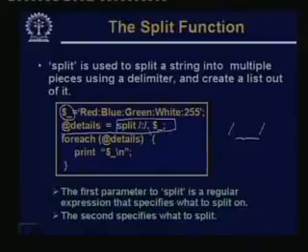Now here you give a comma, and then $_, meaning the string from which you are trying to split. If it is $_ then the second parameter is optional, but here we have explicitly mentioned split, slash, the delimiter, again a slash, comma, the name of the string. After the split is executed, the split values get stored in the array called details. So the values will be red, blue, green, white, and 255.